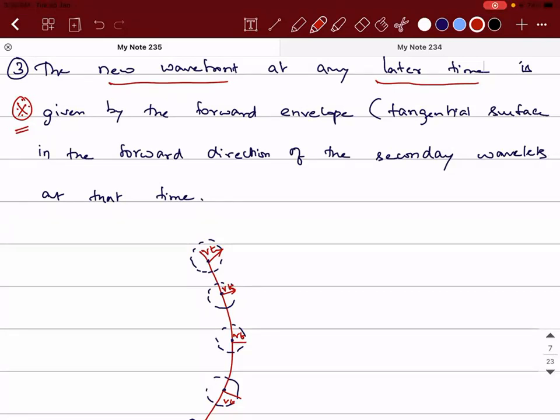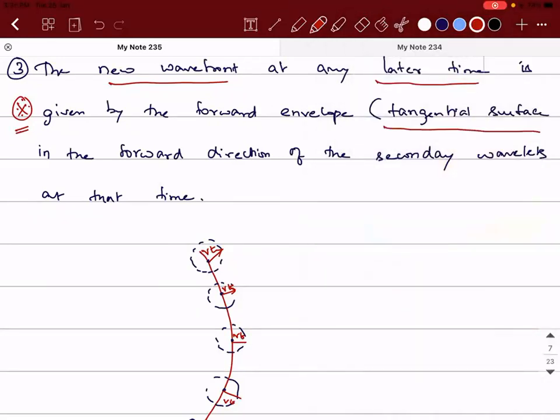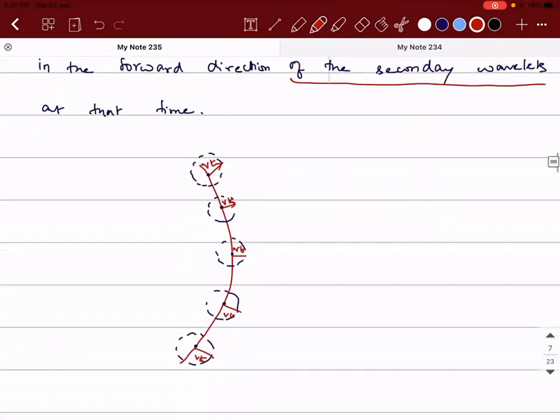So what is that forward envelope? It is nothing but the tangential surface drawn in the forward direction of the secondary wavelets at that time. If I am able to draw a tangential surface like this to these wavelets, and join it like this, then this tangential surface drawn for the secondary wavelets is what we call the new wavefront.